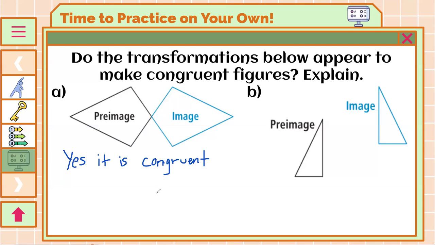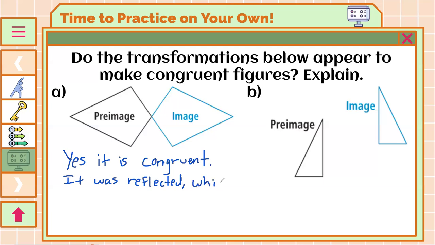On that note, they did ask you to explain. There's a lot of different things you could say. You could just say it stayed the same size. You could specify that because it was flipped, or reflected, which keeps the size the same.